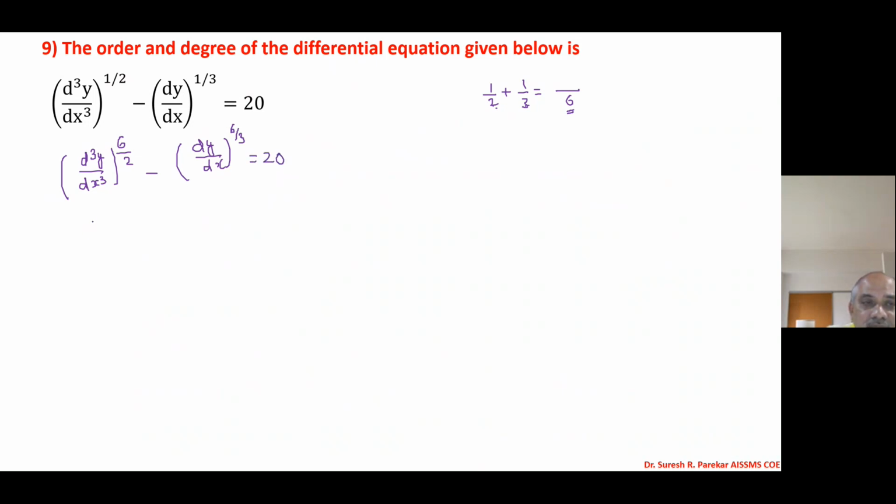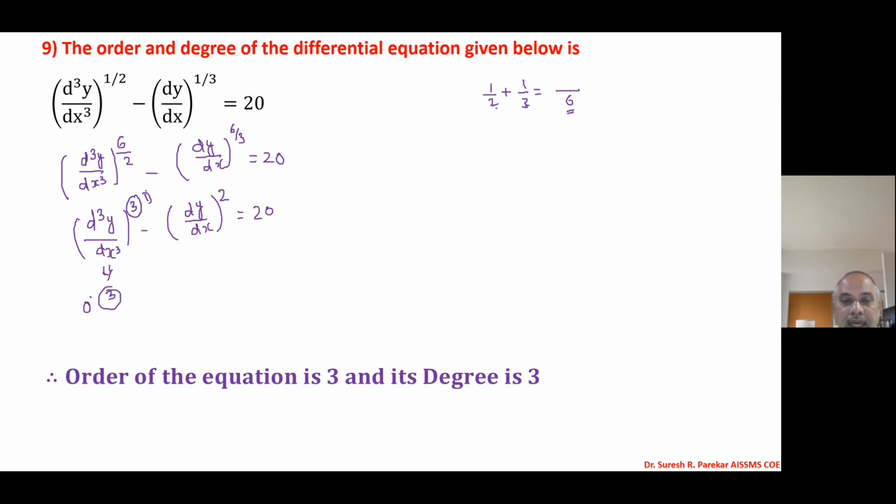And then from this we get (d³y/dx³) to the power 3 minus (dy/dx) to the power 2 equal to 20. Then the order will be 3, this is my order, and the degree I can take from this only, so degree also is 3. So both degree and order are 3.